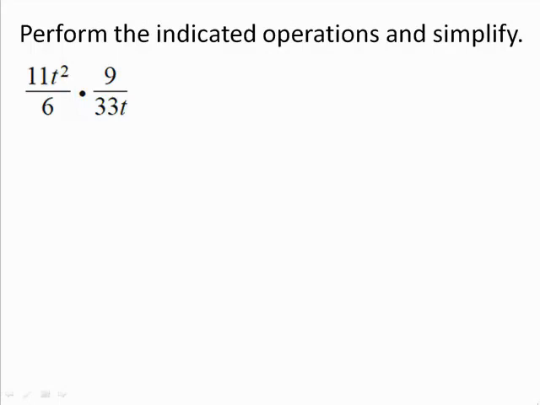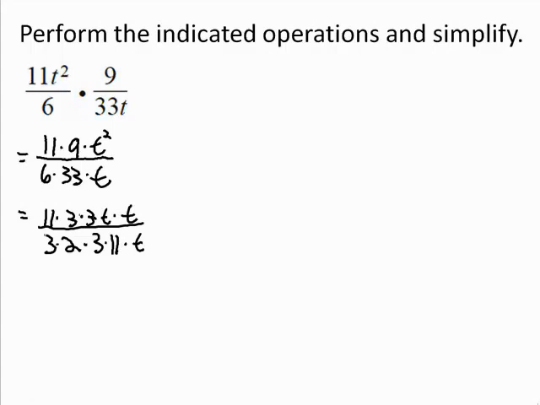Perform the indicated operations and simplify. 11t squared divided by 6 times 9 divided by 33t. Multiply the numerators and denominators together. 11 times 9 times t squared divided by 6 times 33 times t. Break each factor into its prime factors.